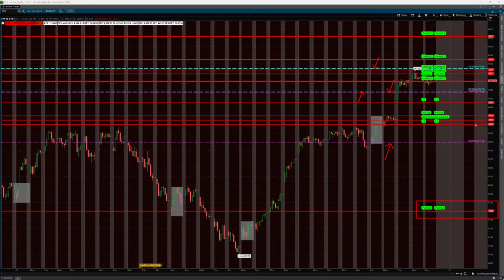And the next level up above that is the volatility trigger at 4420. That is Spotgamma's proprietary volatility flip level. Below that level, market makers' position on the gamma curve is negative. In a negative gamma environment, they have to trade with price to hedge their delta exposure, and that tends to enhance or increase volatility.